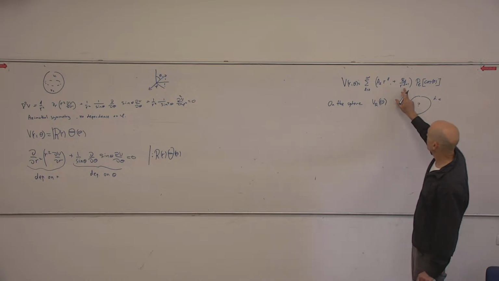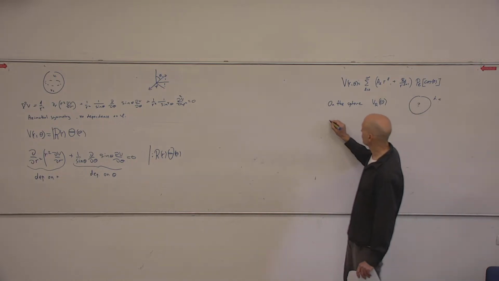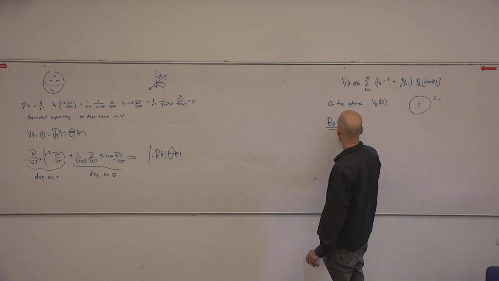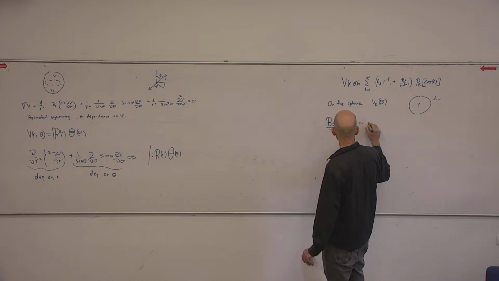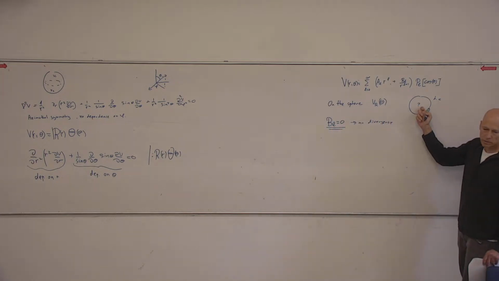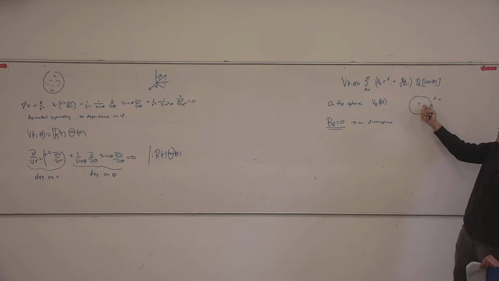This means the B_Ls are 0. No divergence. Divergence, what would it mean, divergence like 1 over r? It would mean that there is a charge inside physically. It also would mean that the maximum is in the middle, and we know that the maximum does not exist, so it's obviously wrong.